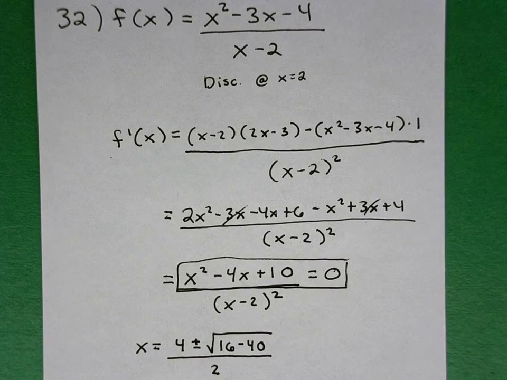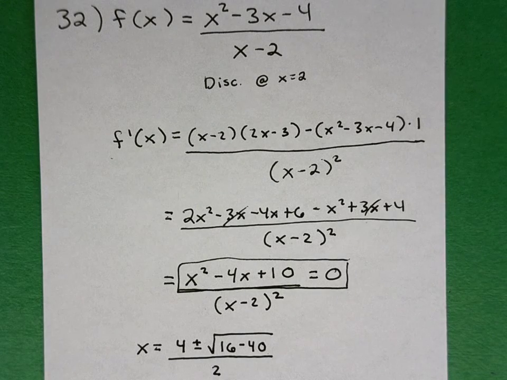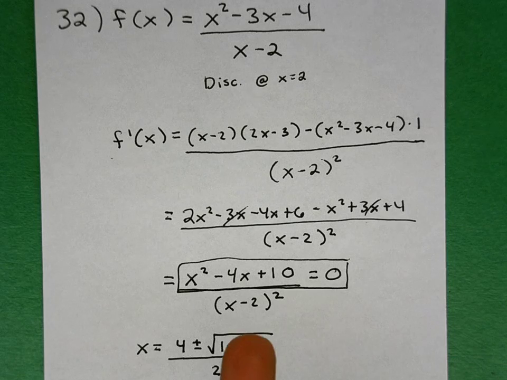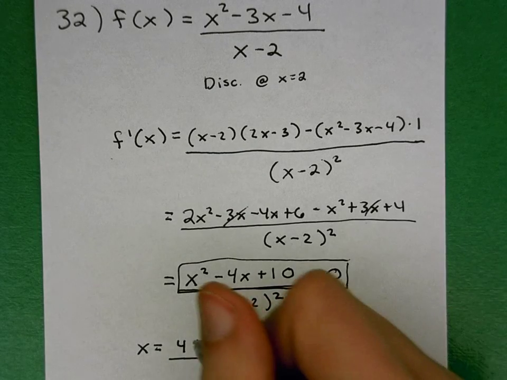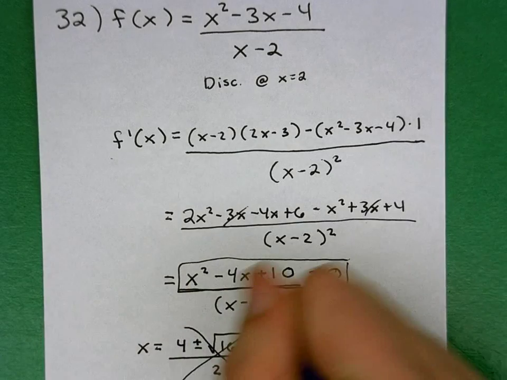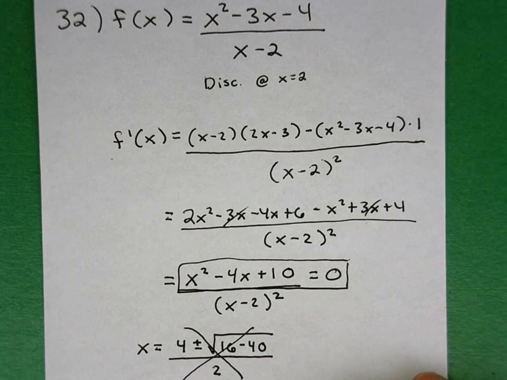Well, when I set that up, I get 4 plus or minus the radical of 16 minus 40. It means I'm going to have a negative under that radical. It's not possible. Right? So for this particular function, this means that I do not have any critical numbers, because you can't have a negative under a radical.